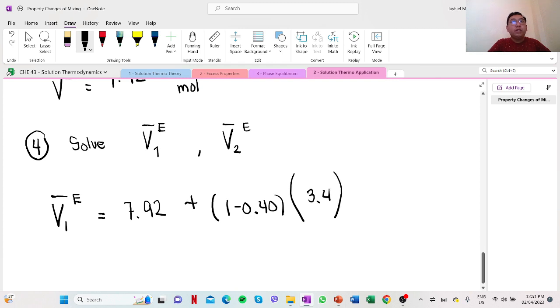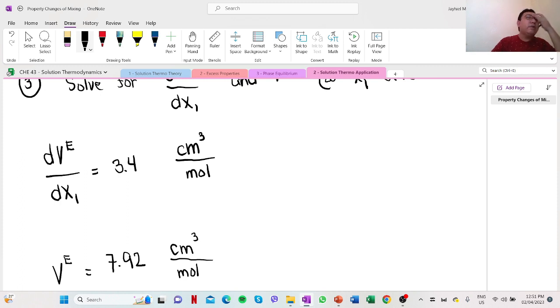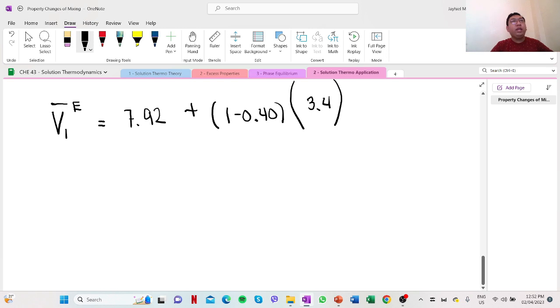3.4. So the mole fraction value there, you could just remove this one. It's just a nuisance, but maybe for your other courses like separation processes, when you study absorption, you will notice that part of the units for the mass transfer coefficient will be mole fraction. So just for you to get used to other textbooks.